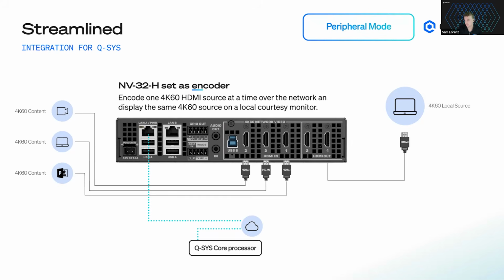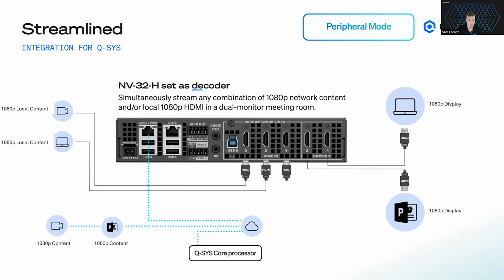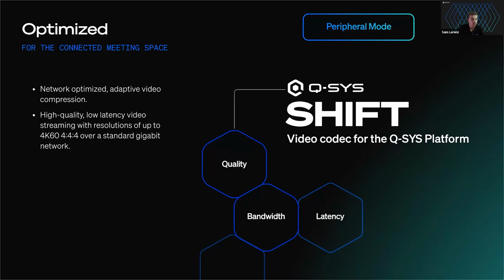Absolutely. All right, I'll jump back ahead here. So all of our NV series are powered by our video codec that we call Q-SYS Shift. Q-SYS Shift is our own proprietary codec that allows us to have very high quality video with very low latency, up to resolutions of 4K 60 444 over just a single gigabit network connection.